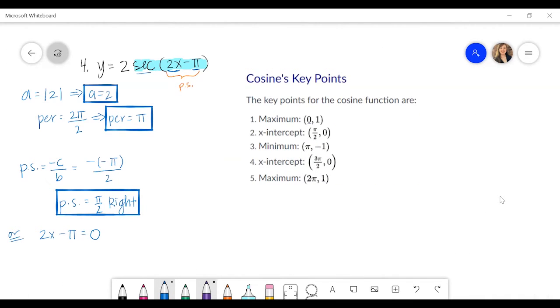Okay, and we're looking at this first point right here of 0. So anyway, if you solve this, you move pi to the other side, and you get 2x is pi, divide by 2, which tells you x is pi over 2, again, being positive, means we send it to the right.